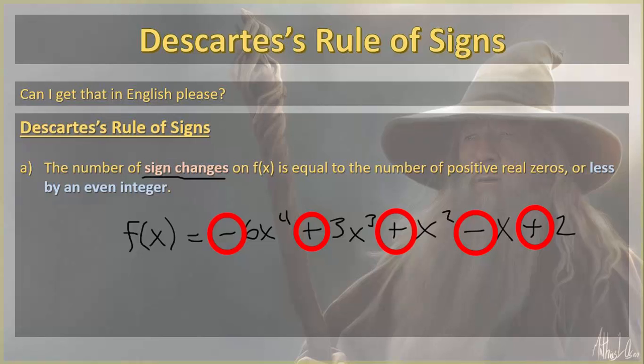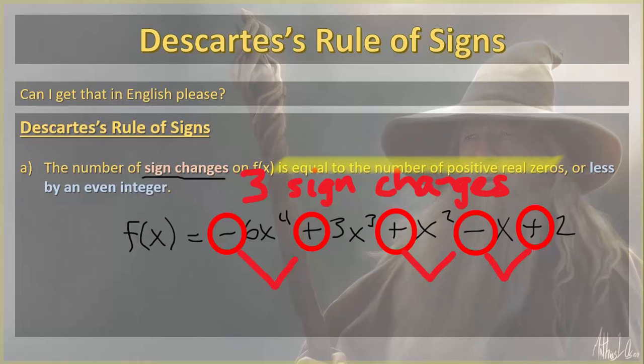The number of sign changes, we have 1 here because it goes from negative to positive. We have 1 here because it goes from positive to negative. We have 1 here because it goes from negative to positive. So there are 3 sign changes. And what that means is that there could be 3 positive real zeros.